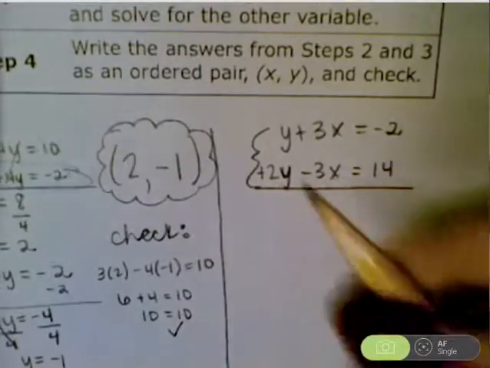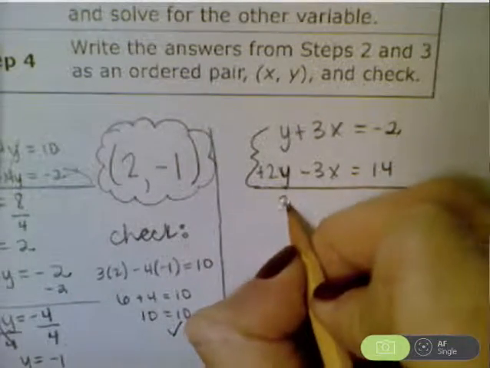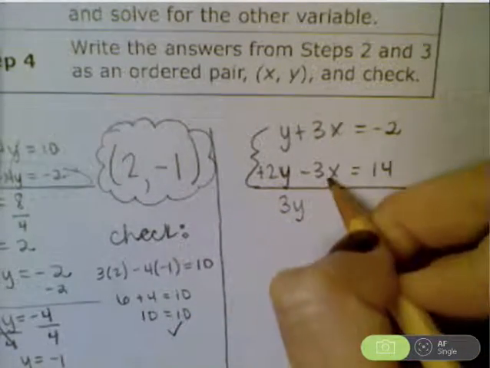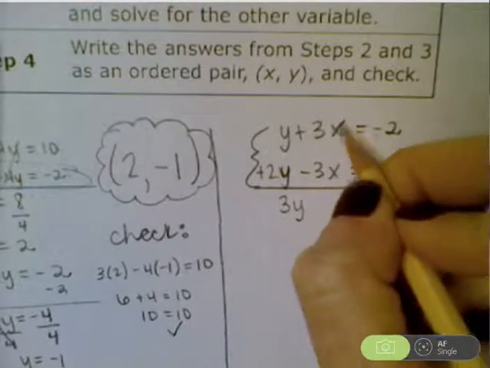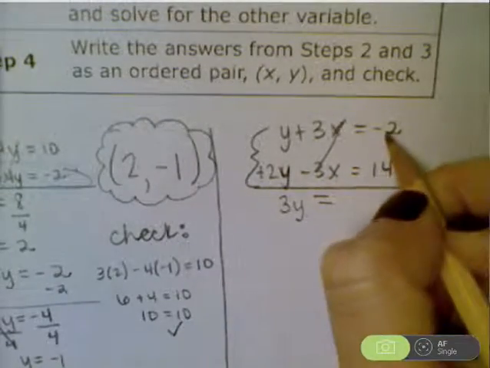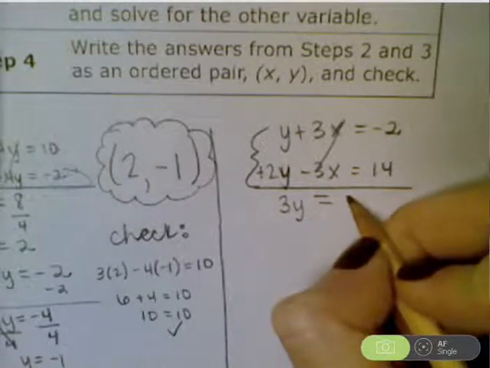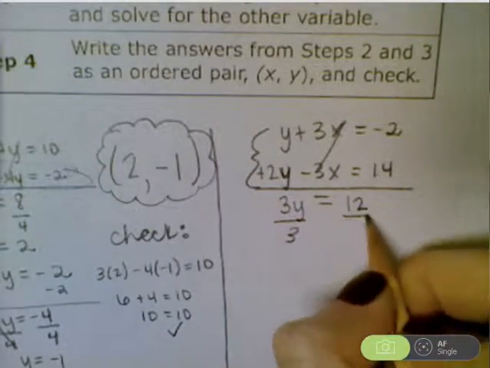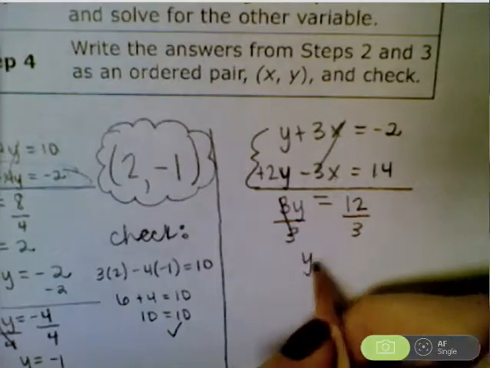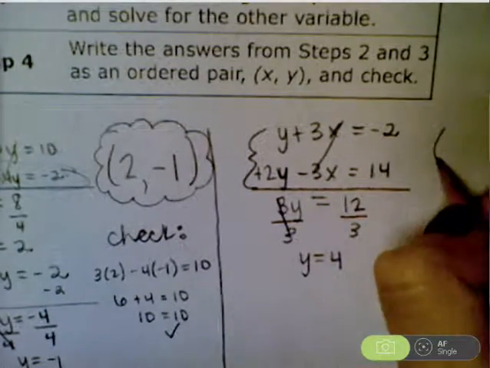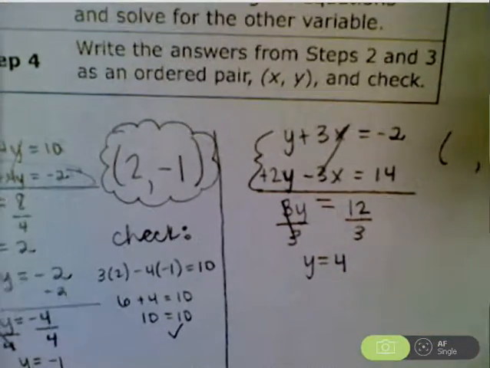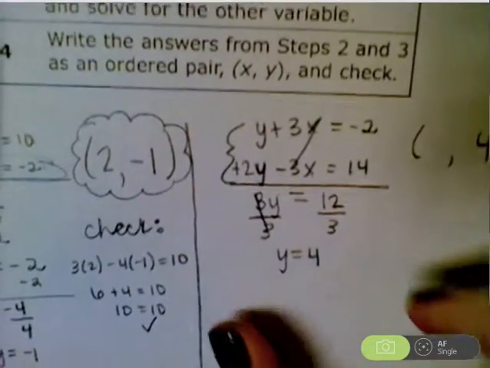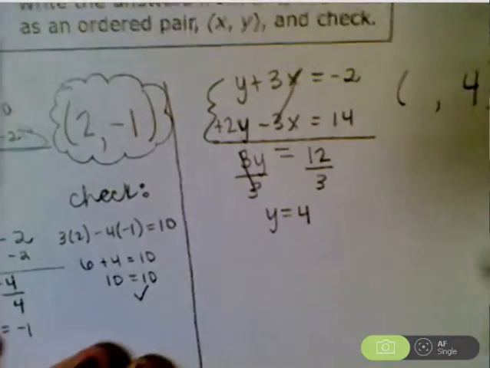y plus 2y, 3x plus negative 3x cancels out. Negative 2 plus 14. So if 3y equals 12, then y is 4. Now I'm just going to plug in 4 to one of the original equations and solve for x.